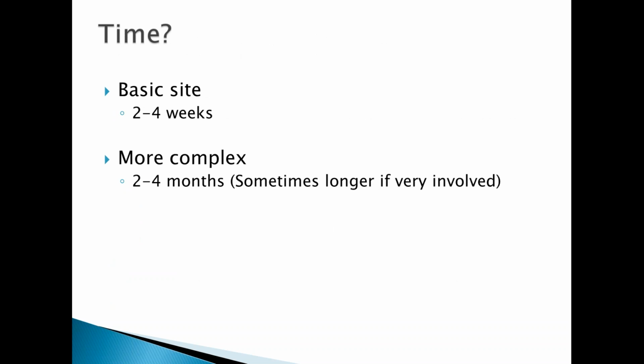So a lot of people ask, well, how much time does all of this take? For a basic static website, it should take anywhere from 2 to 4 weeks. What that means is basically 4 to 5 pages of a website, which is content and images. If there's more complex things that need to be put into the website, such as databases, memberships, logins, shopping carts, it can take anywhere from 2 to 4 months, sometimes longer if there's more involved.